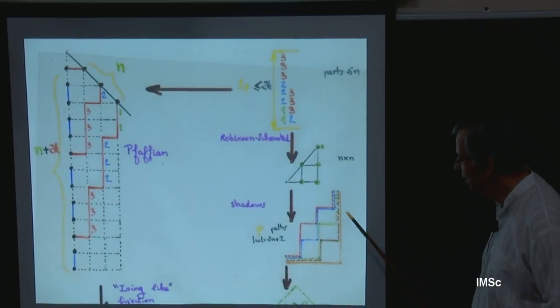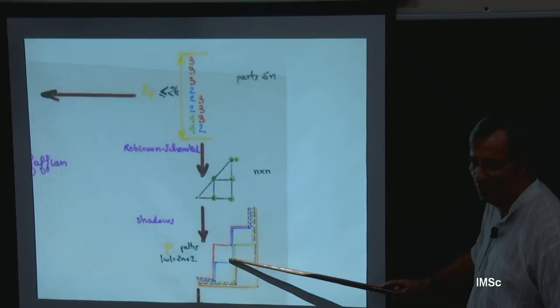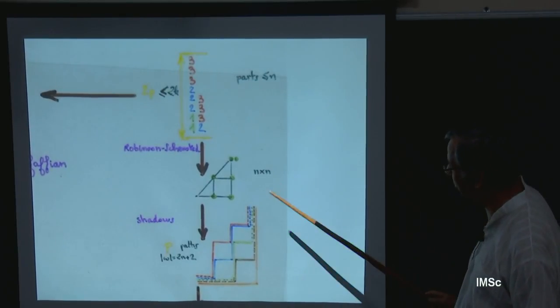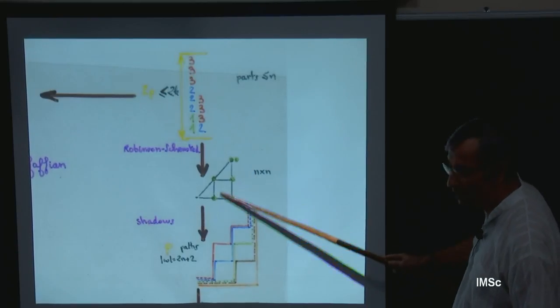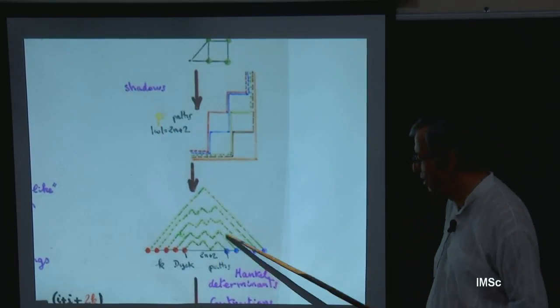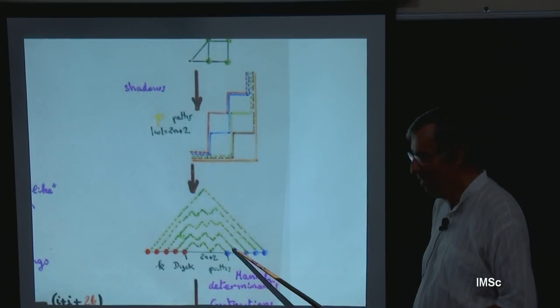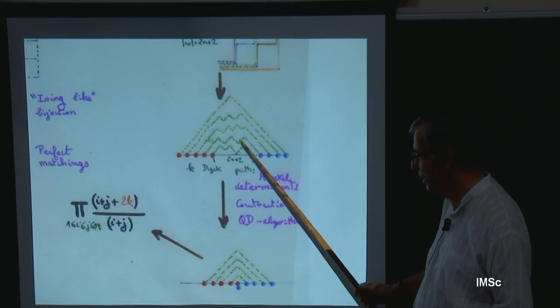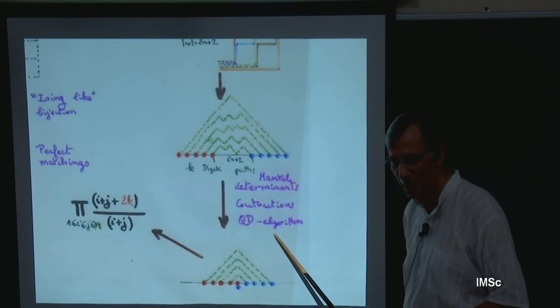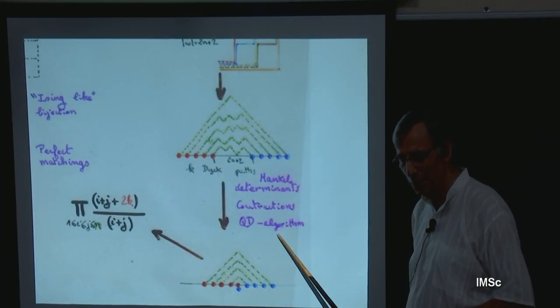Put the light, and you get a configuration of Dyck paths. This is Knuth, light with a repetition of points. You get this. From this, you turn and you get a Hankel determinant. And now how to compute this Hankel determinant? You remember, I talked about the QD algorithm to compute the b_k, lambda_k by the quotient-difference algorithm.